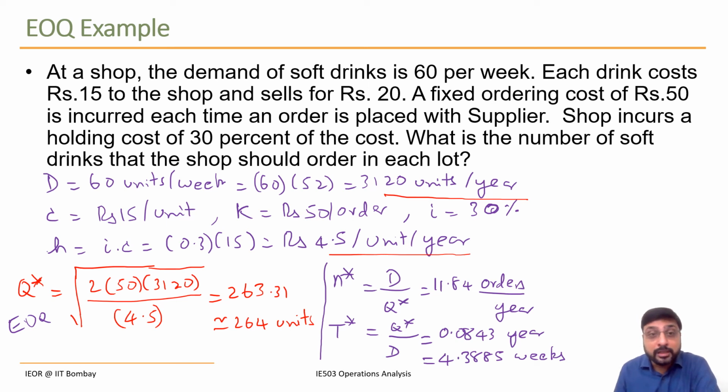By the way, we made one assumption here which is not explicitly mentioned in the question, that the supply is instantaneous. Unless otherwise mentioned, you can assume that the supply is instantaneous. So this is one basic example for our EOQ.